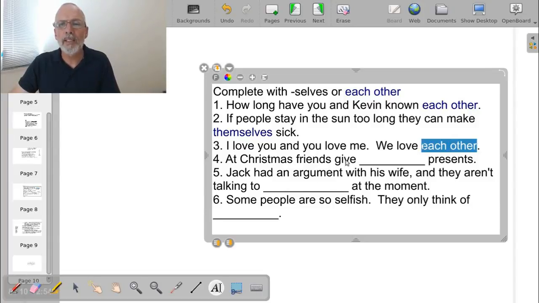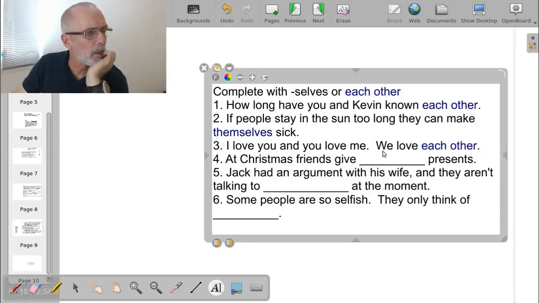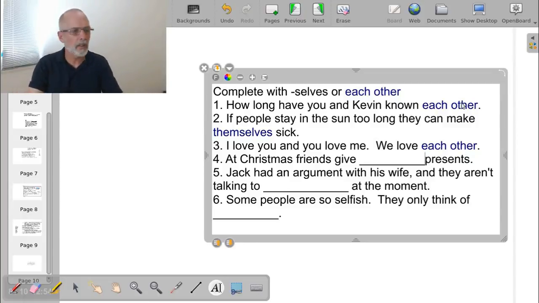At Christmas, friends give. Number 4. Who's got the answer to number 4? Has anybody got the answer to number 4? It doesn't look like it, so I'm going to have to put it here.